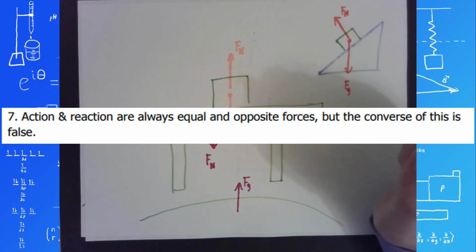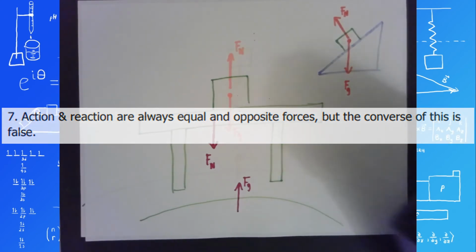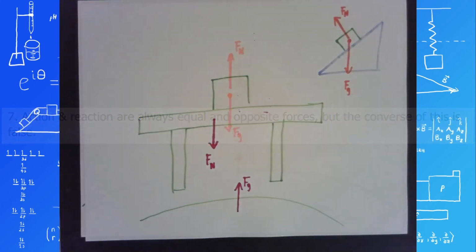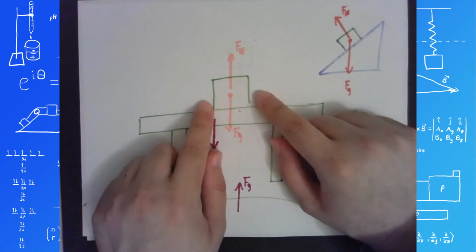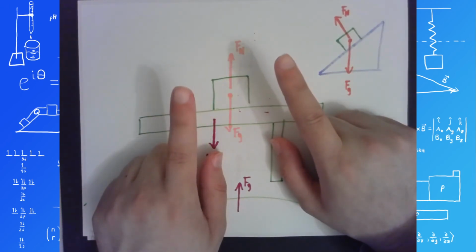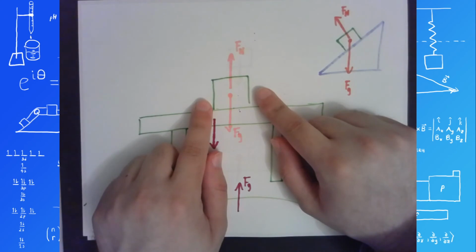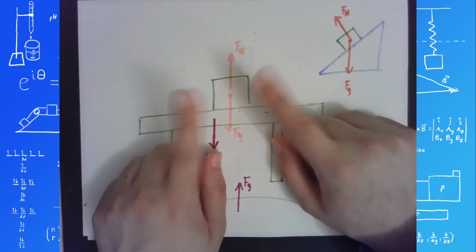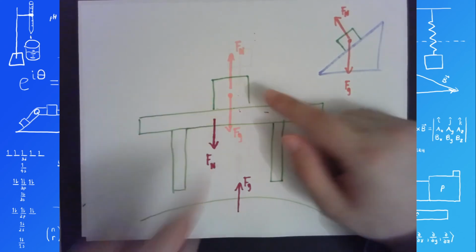So even if two forces are equal in magnitude and opposite in direction, that doesn't mean necessarily that they are action and reaction. And I think this is the reason why this example that really bugs me exists out there in the world, because sometimes you have teachers or wannabe teachers that misunderstand this.